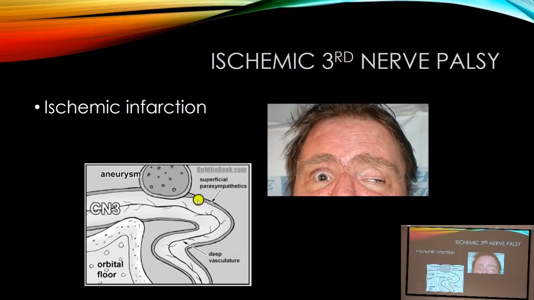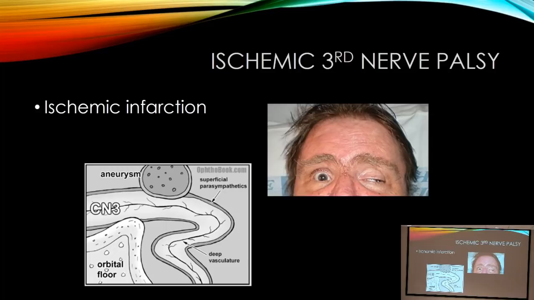If we have a compressive lesion, like let's say a posterior communicating artery aneurysm, or maybe uncal herniation, the parasympathetics are going to be involved very early. So we're always going to have a big dilated pupil with a compressive lesion. Ischemia tends to involve the small penetrating blood vessels, so we're going to have involvement of the center of the nerve with relative preservation out here. That's why it's pupil sparing.